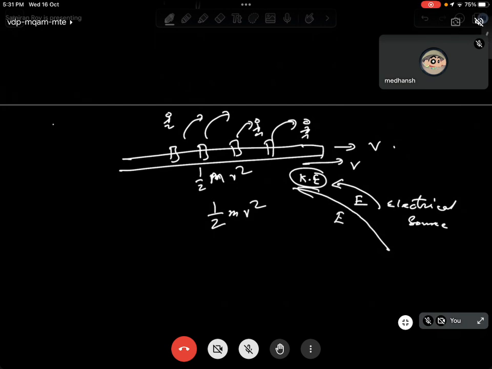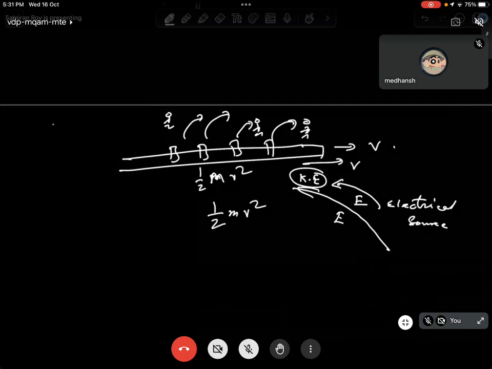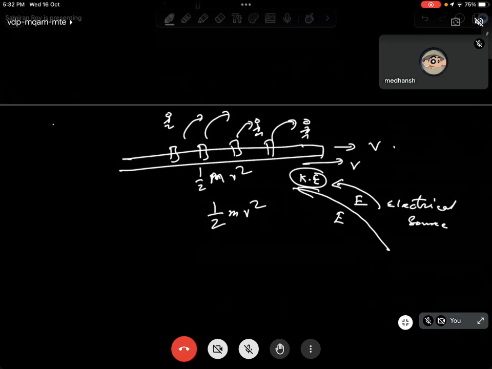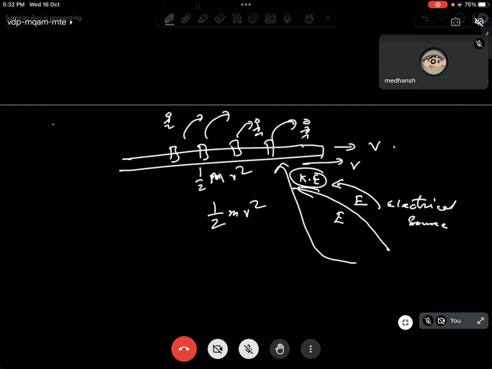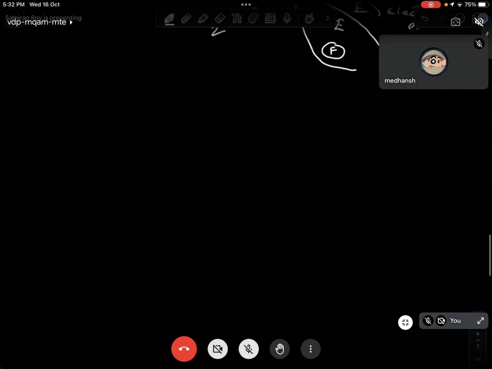Velocity will increase. Correct or not? But it does not happen. It's not that for the last person collecting luggage, the luggage comes much faster or the velocity has increased. It does not happen like that. So basically, from an external source, I am providing whatever extra force is needed, only that much. So how does this actually happen? We'll talk about that.